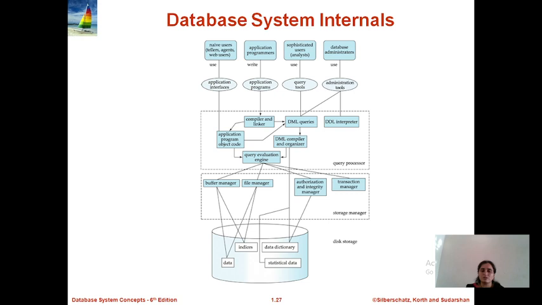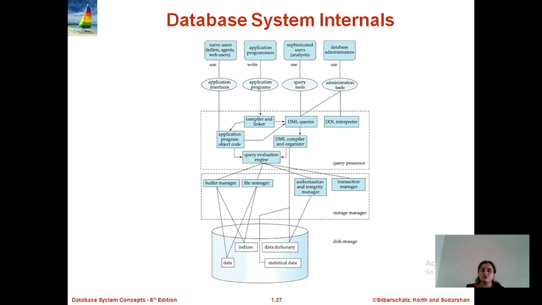This is the architecture for database system internals. The whole thing is represented in the query processor. The query processor consists of application program object code, query evaluation engine, compiler and linker, DML compiler and organizer, DML queries, and DDL interpreter. These are all stored within the storage manager. The storage manager consists of the buffer manager, file manager, authorization and integrity manager, and transaction manager.